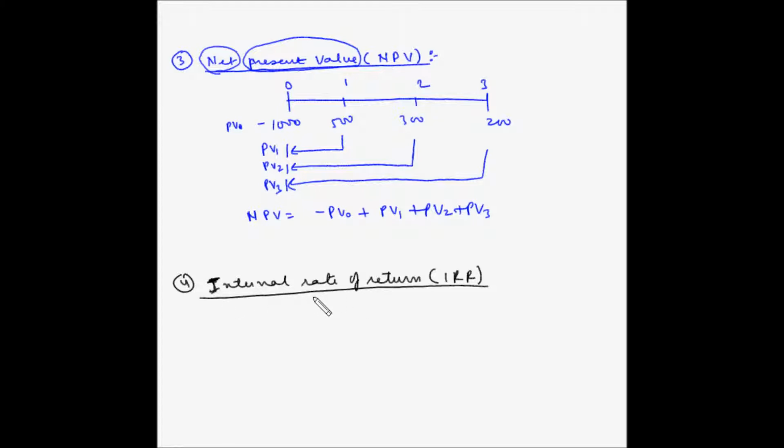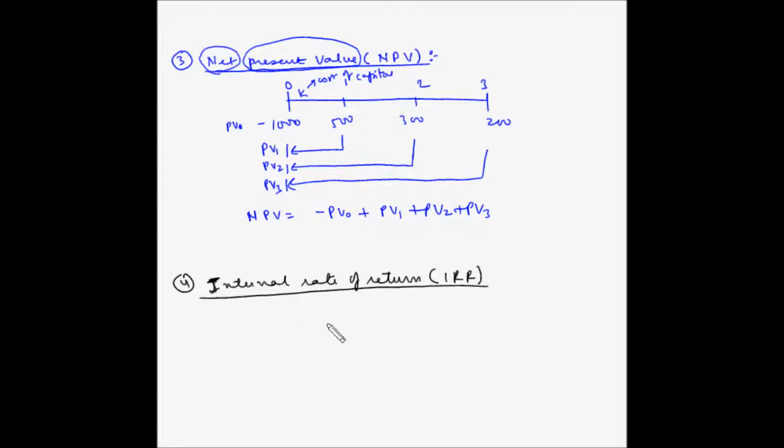Now, this is defined as the discount rate that forces a project's NPV to equal 0. So in the NPV method, we'll take the discounting rate as the cost of capital, which we can denote as K. So this is cost of capital.